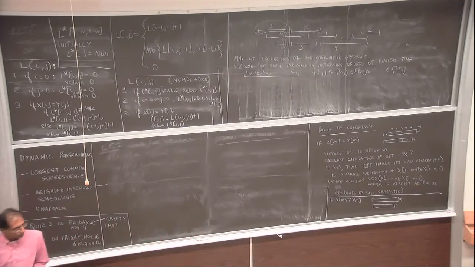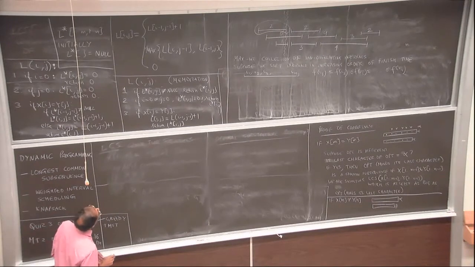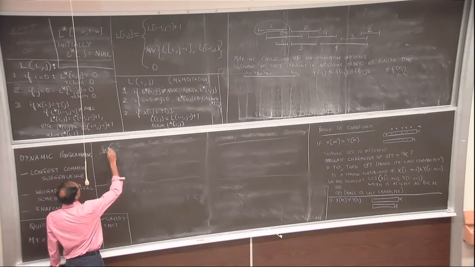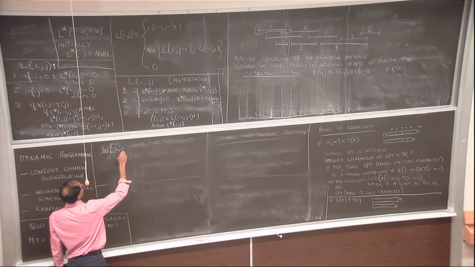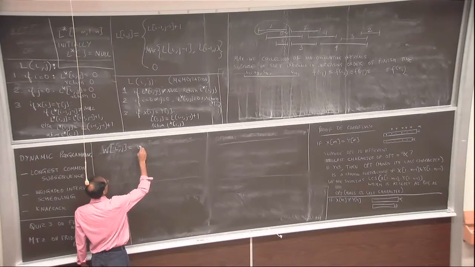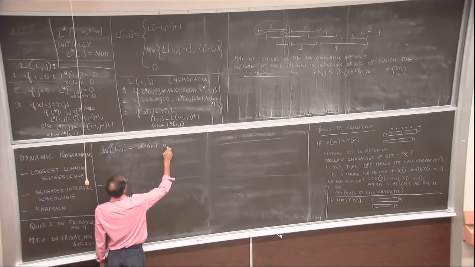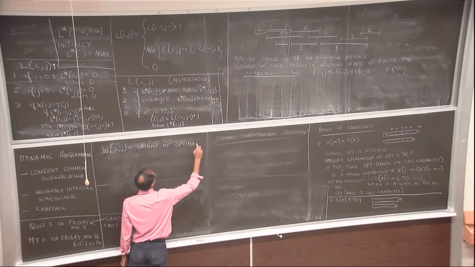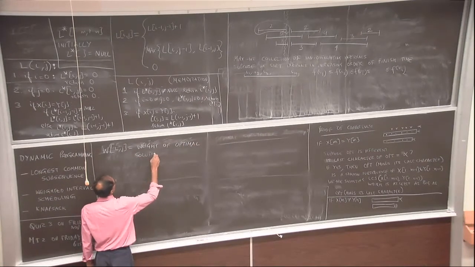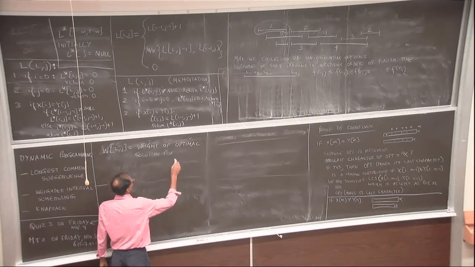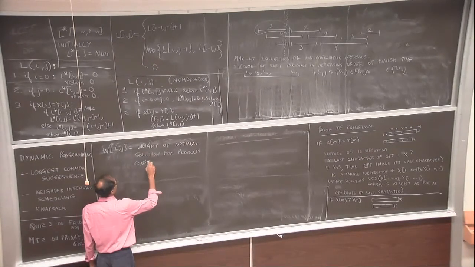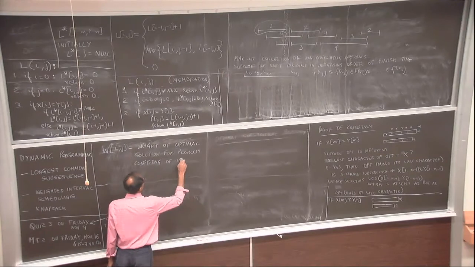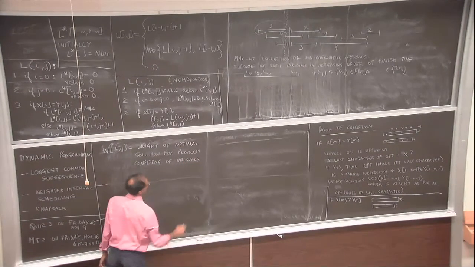Okay, so let's say W_ij is equal to the weight of the optimal solution for the problem consisting of intervals.